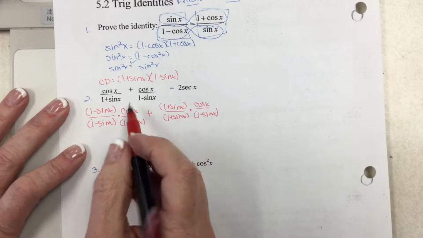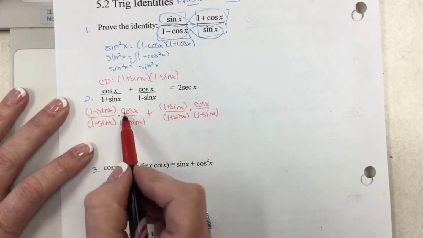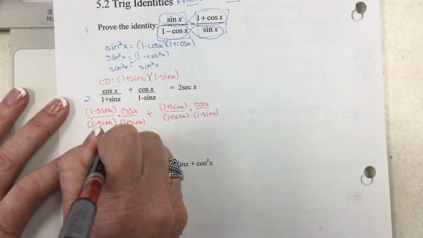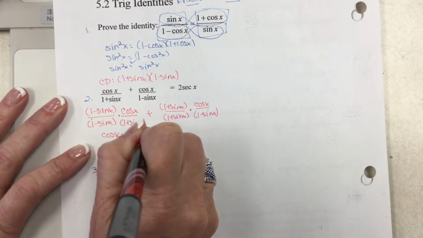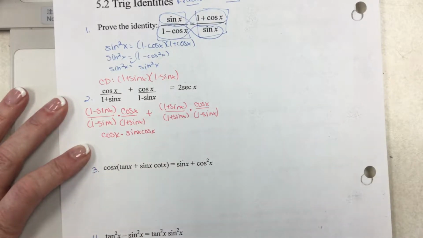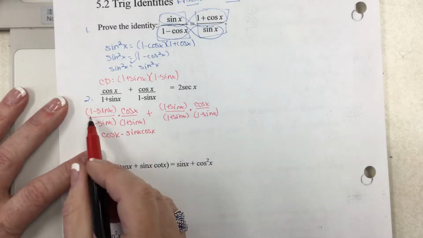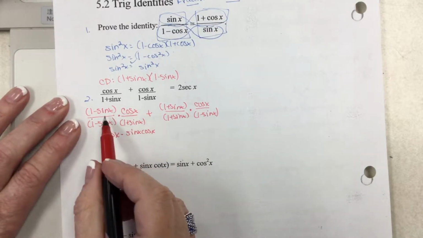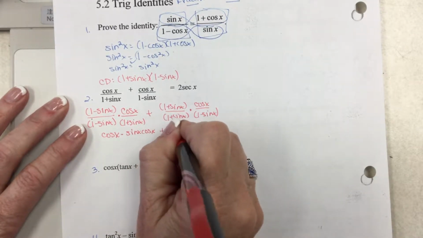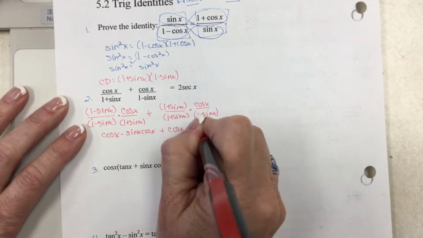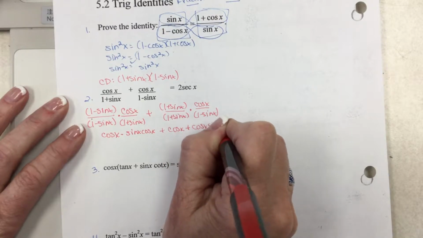All right, so in the numerator then, I'm going to distribute. I get cosine x minus sine x times cosine x. I just multiplied the cosine by 1 and cosine times negative sine x plus, same thing over here, cosine x plus cosine x times sine x, or sine x times cosine x.